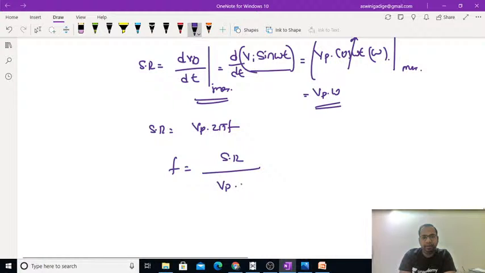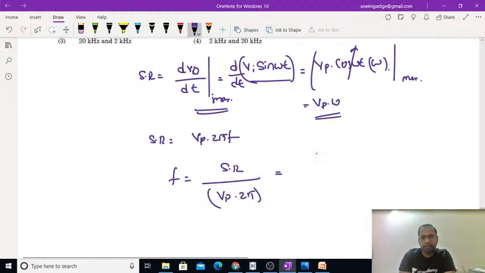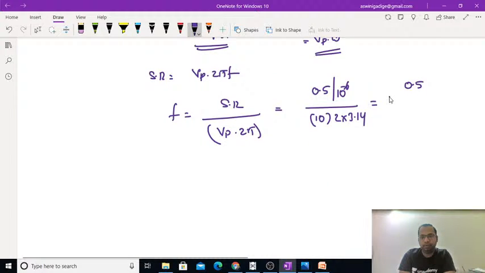What is the slew rate given in the problem? 0.5 volts per microsecond. That is 0.5 divided by 10 power minus 6. What is the peak voltage? You can observe here, the peak voltage is 10, into 2 into 3.14. So we will get 0.5 divided by 10 into 10 power minus 6 into 2 into 3.14.